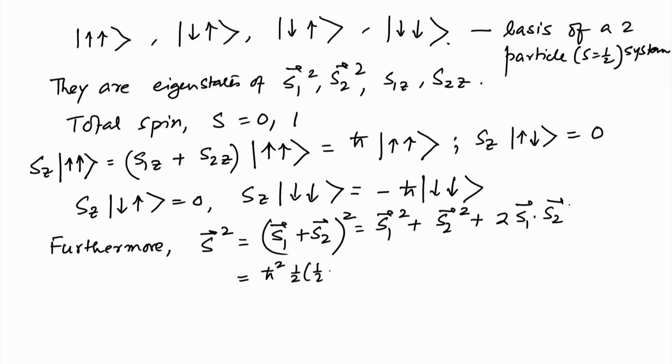So, S square acting on any of these states, say for example up, up, gives half into half plus 1 for the S1 square, and then again for the S2 square this will be half into half plus 1.